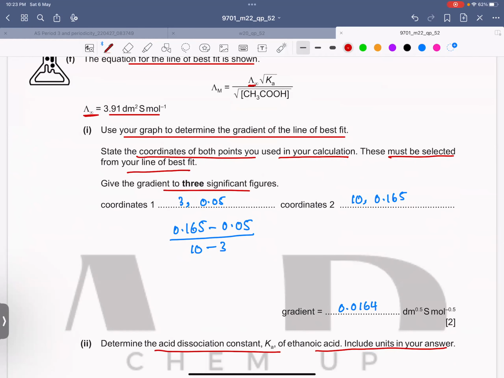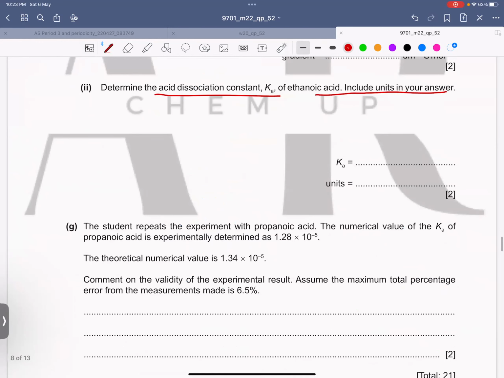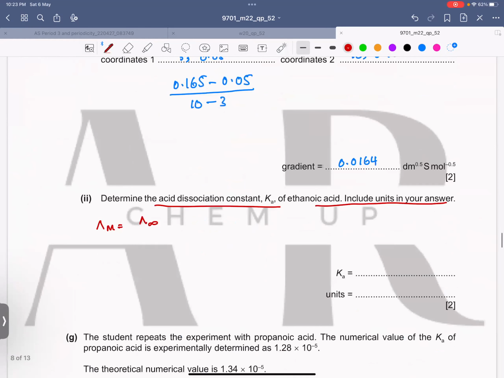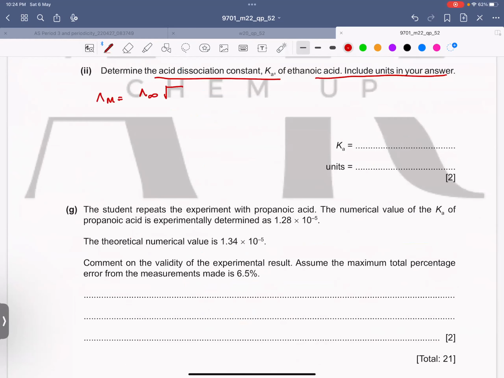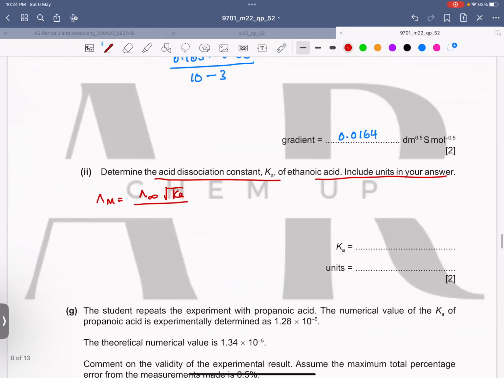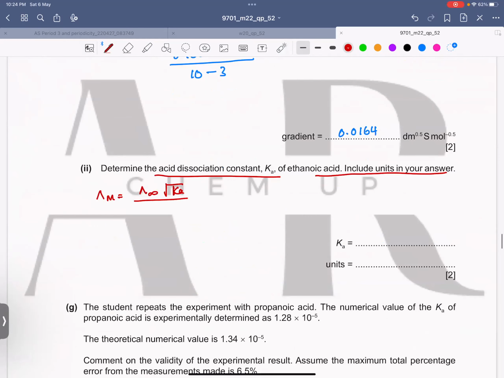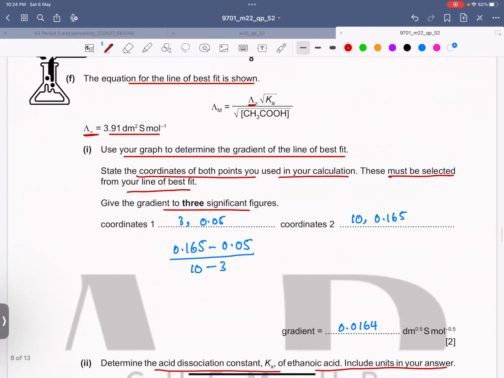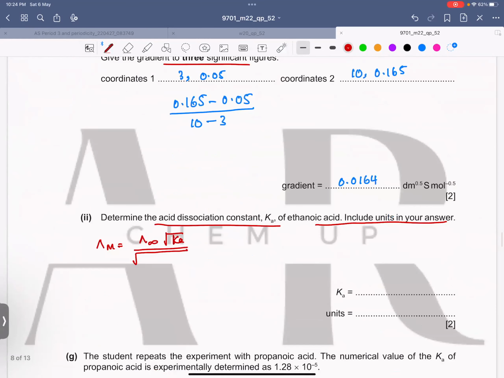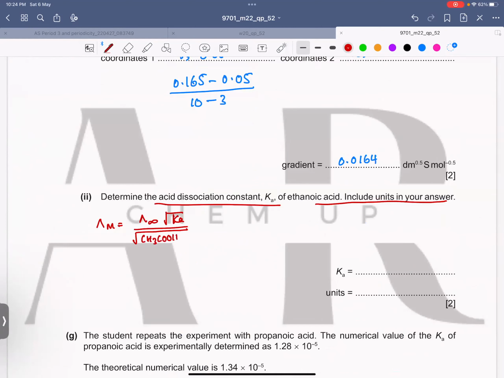The acid dissociation constant, let me write this expression over here, is equal to molar conductivity, specific conductivity, under root Ka, over under root of concentration of ethanoic acid. Okay.